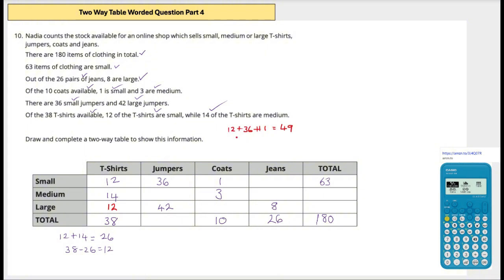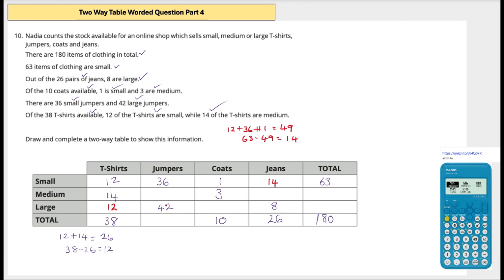And we have a total of 63. Subtract 49 is going to give us 14. Is it? Yeah. So we now know that the genes is 14.